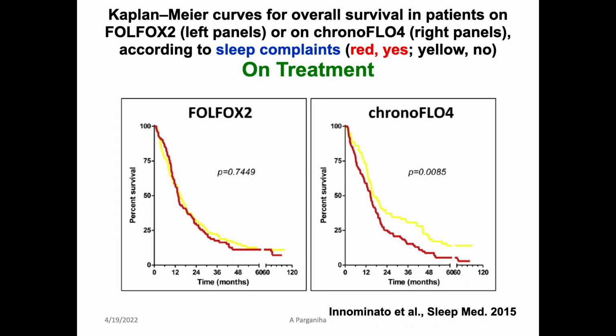But in case of chronotherapy, the patients who have better sleep and were provided with chronotherapy, their percent survival is more as compared to the patients whose sleep is poor or who have a sleep complaint. It means chronotherapy as well as maintenance of the sleep-wake cycle is extremely important for increasing the percent survival of the patients.